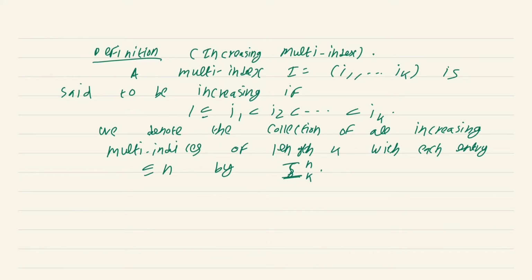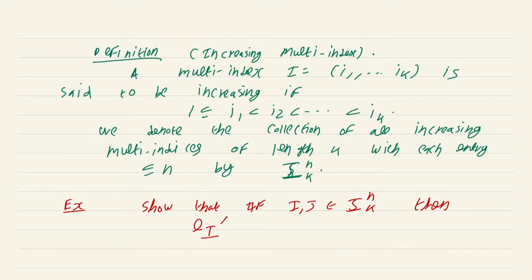Now I'm going to leave an exercise which is just an exercise in pure thought. There is nothing much to do. Show that if I and J are two multi-indices of length k, that is two elements of I_{n,k}, then e_I^* of e_J is going to be 1 if and only if I equals J, otherwise 0.